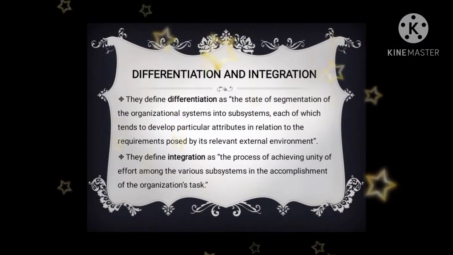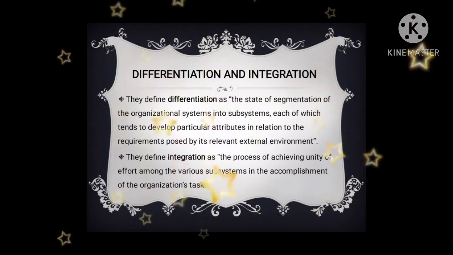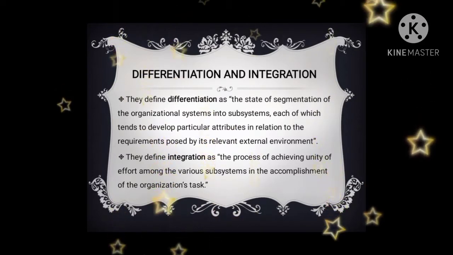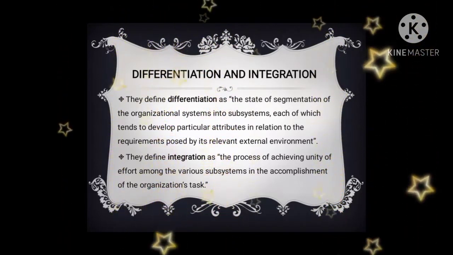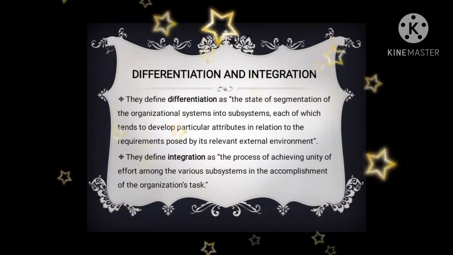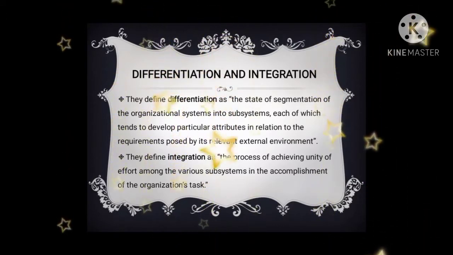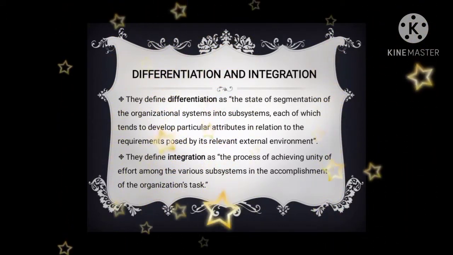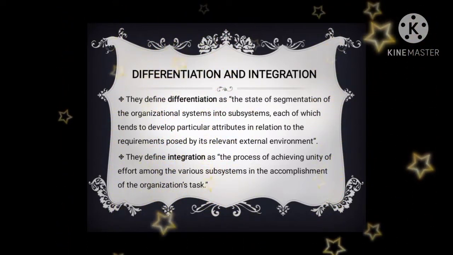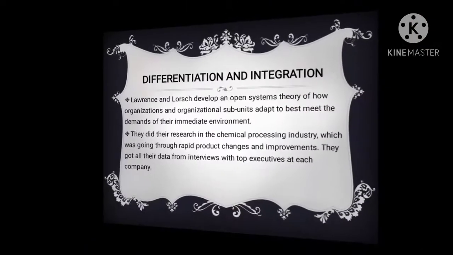Differentiation and integration. They define differentiation as the state of segmentation of the organizational systems into subsystems, each of which tends to develop particular attributes in relation to the requirements posed by its relevant external environment. They also define integration as the process of achieving unity of effort among the various subsystems in the accomplishment of the organization's task.